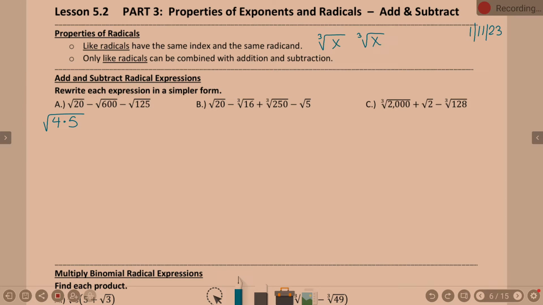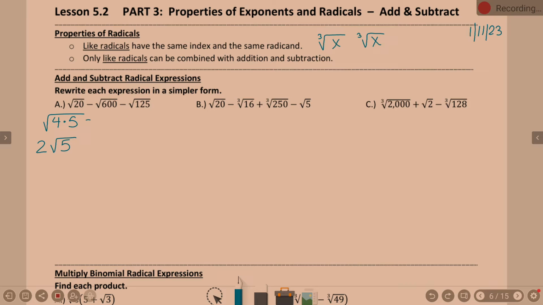We pick 4 because it is a perfect square. The square root of 4 becomes 2. The square root of 5 stays square root of 5. That's old news, yes? That's pretty basic for what we're doing. We've seen a lot uglier problems than that.